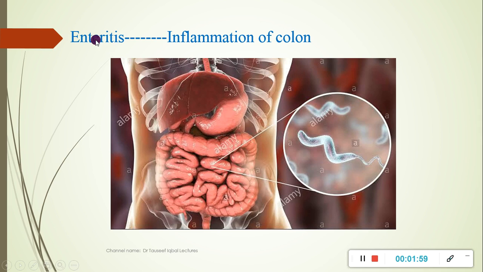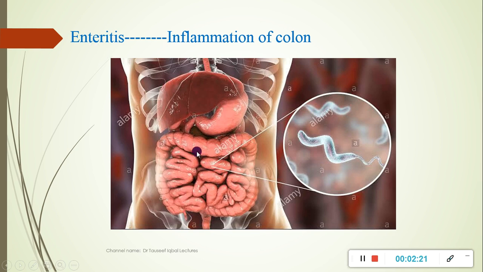Next is enteritis. If there is inflammation of colon, so colon is basically part of the gastrointestinal tract. So if there is inflammation due to any reason, that condition is called enteritis.